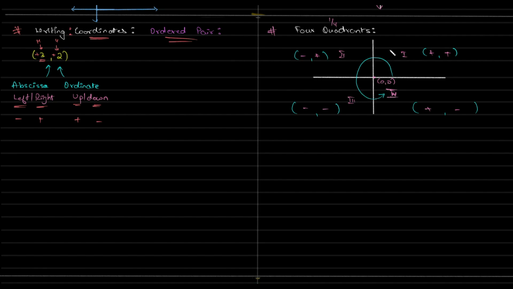So this is something that we need to know. And one more thing, the lines don't belong to any quadrant. They have their respective names, x-axis and y-axis. They are axes, and they divide the region into 4 different quadrants. They themselves are not part of any quadrant.